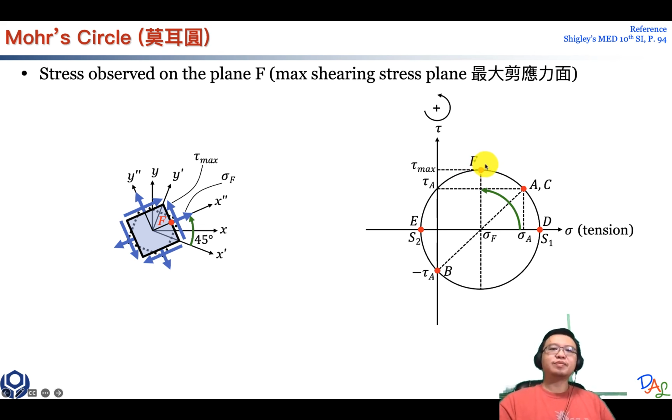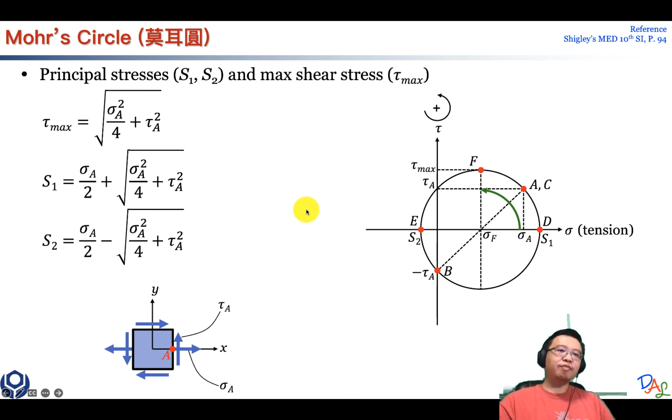Okay, next. At the beginning we know sigma A and tau A, and you have drawn this Mohr circle. Can we use it to calculate the three important things that we found earlier, S1, S2, and tau max? Yes, you can, by geometry. Over here, tau max is basically the radius of the Mohr circle.